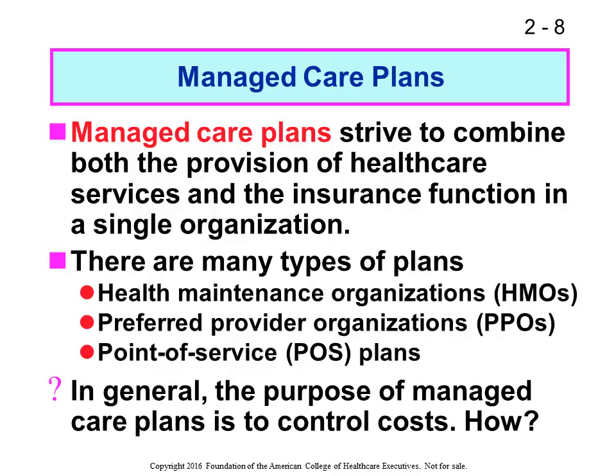On slide number 8, it goes on to talk about managed care plans. Okay. HMOs, PPOs, POS. All of these should be very familiar terms to you. Basically, managed care plans is exactly what it says in bullet number 1. It's basically to try to combine the provision of services with the way organizations function.